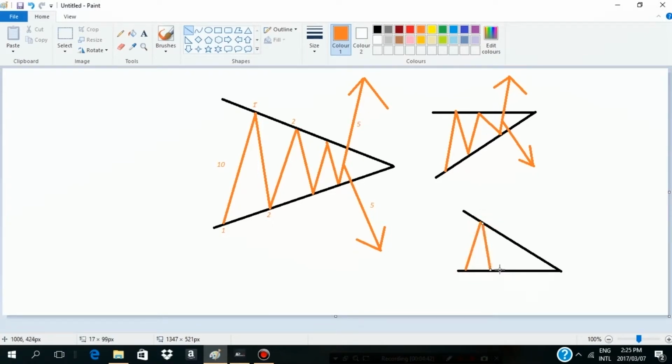Remember, regardless of whether it's an isometric triangle, ascending or descending, you still have to find your first 2 points for support and resistance. So this could also break out either way, but all 3 triangles break out by the same amount as the base. Or in today's market, it breaks out by 50% of the base.